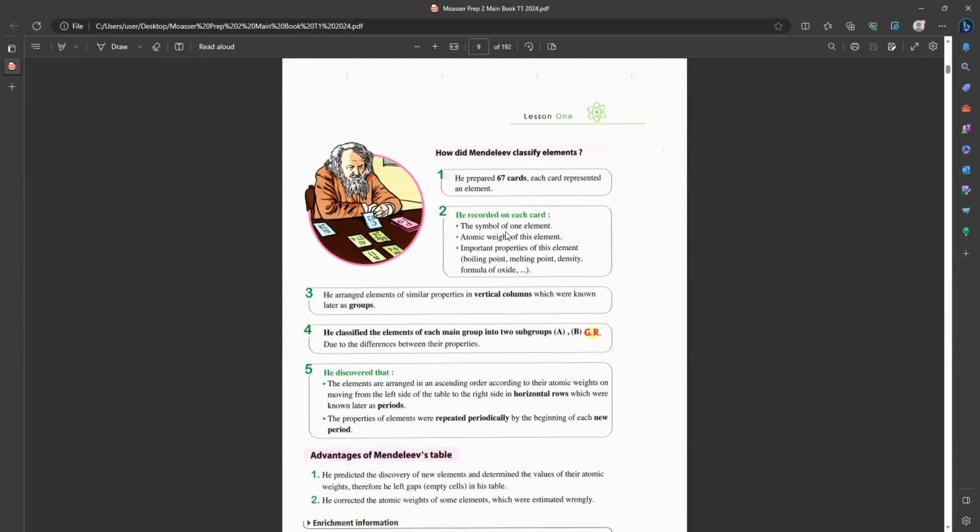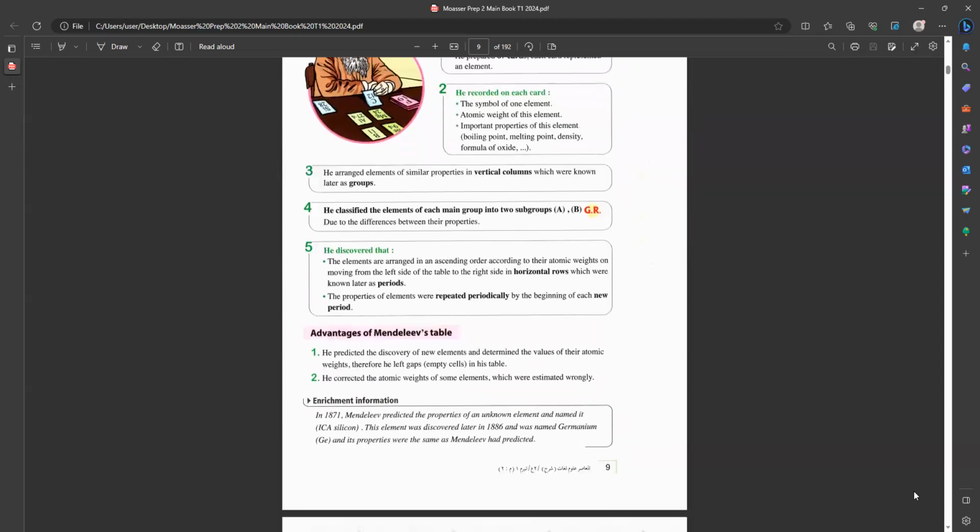In each card he put a label with its symbol, atomic weight, and physical and chemical properties, and divided them into two subgroups A and B because they are different in properties, putting them in vertical columns called groups. He arranged the elements ascending from the smallest atomic weight to the largest from left to right, and called this a period. And he found the properties of the elements repeated in each new period. So we call it the periodic table.